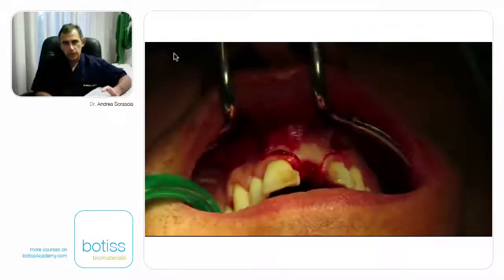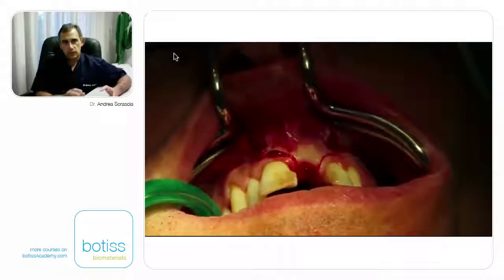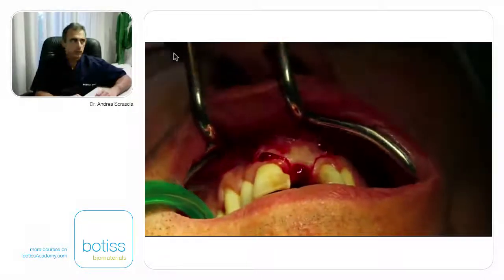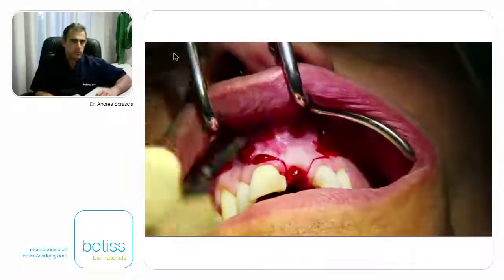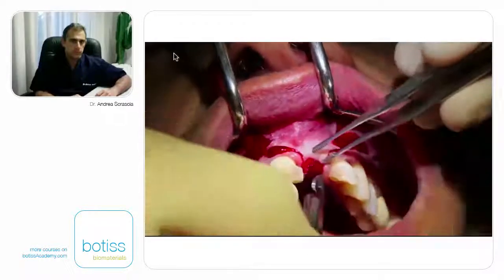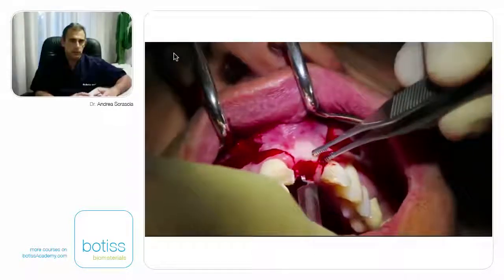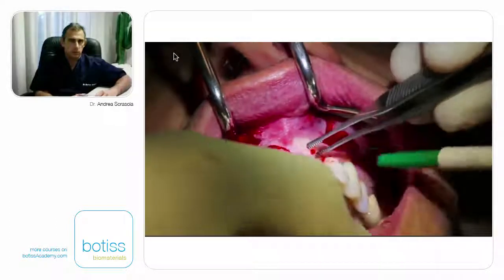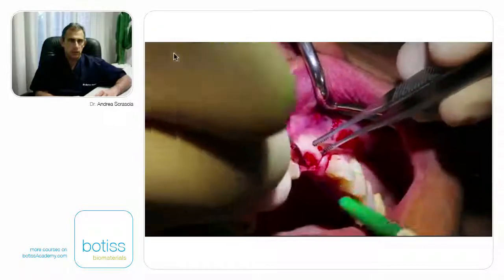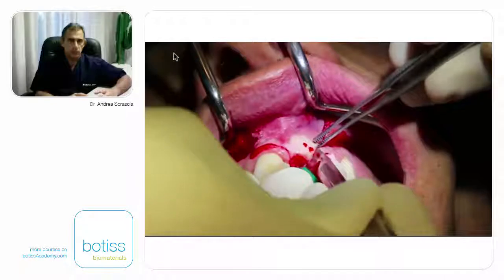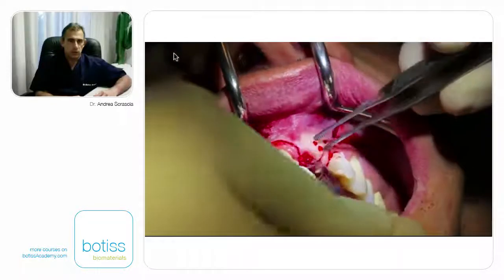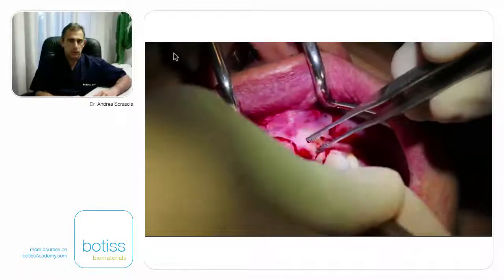This is the real time to do this kind of incision. I didn't cut the video because I would like to observe the time of the technique.